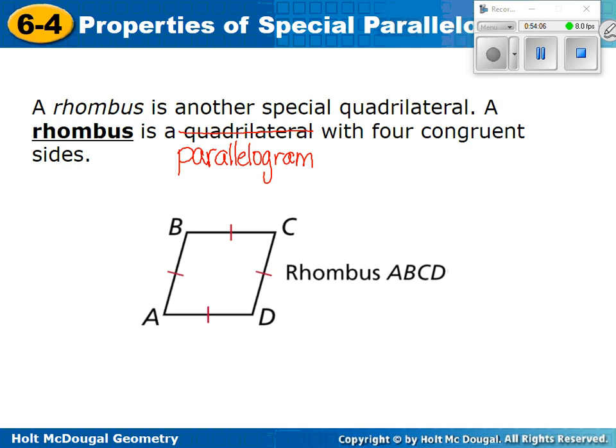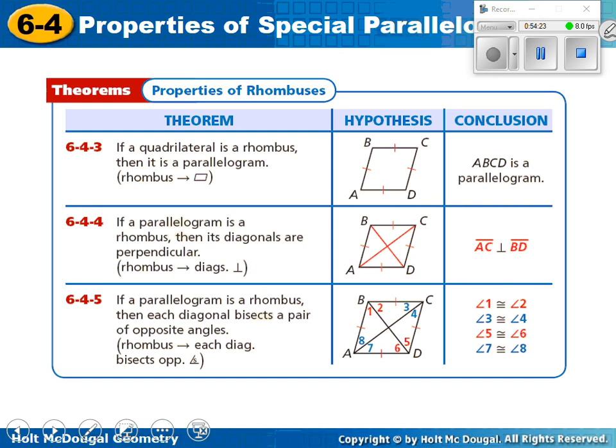It has 4 congruent sides, so it's got 6 properties so far, and then it's going to have 2 more. So if you flip, and again, there's no special way to show that it's a rhombus. You don't have to write the name. You can just say A, B, C, D, but they'll have to show you something to prove it's a rhombus. Okay, so it's going to have 2 more.